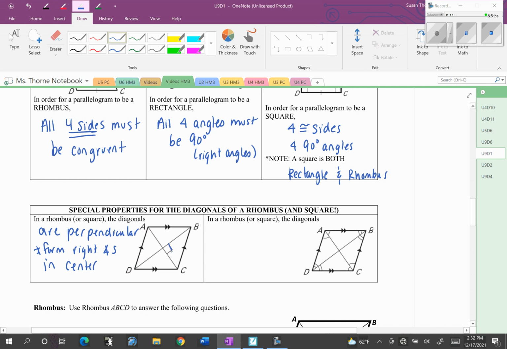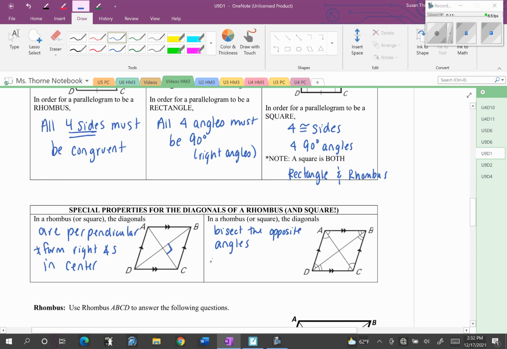So here. And in a rhombus or square, the diagonals bisect the opposite angles.